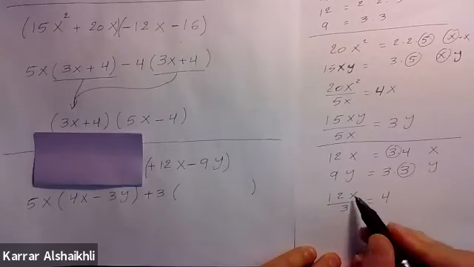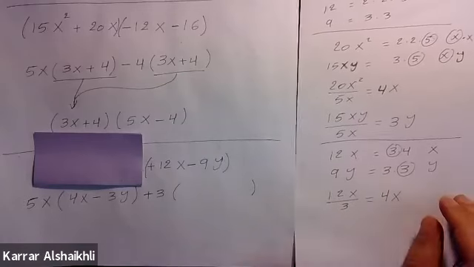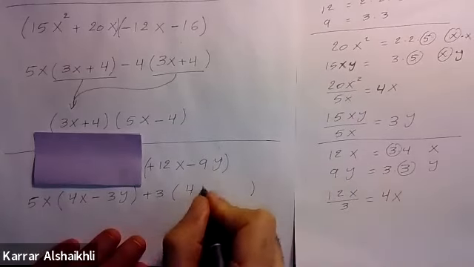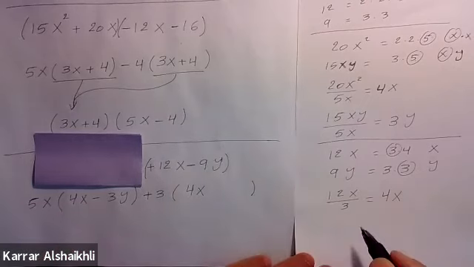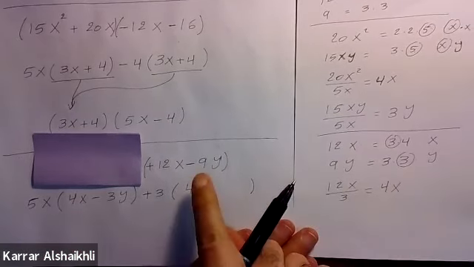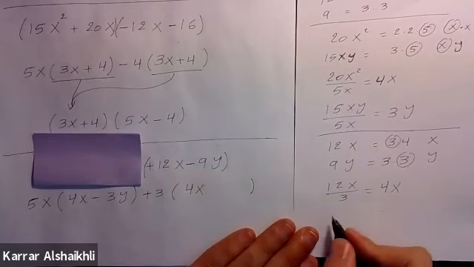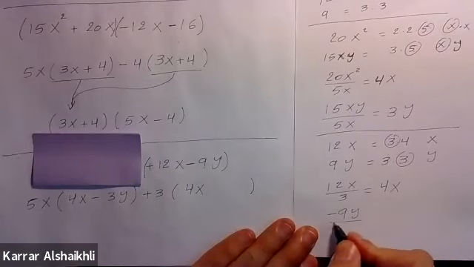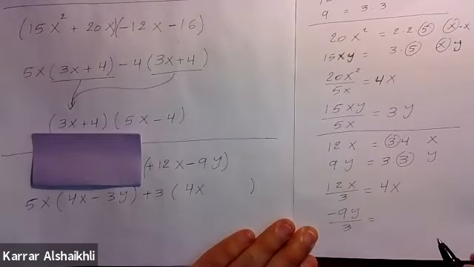There is no x to remove here, so I'm just going to write down the x. So it's going to be 4x. Divide the last term, negative 9y divided by 3.